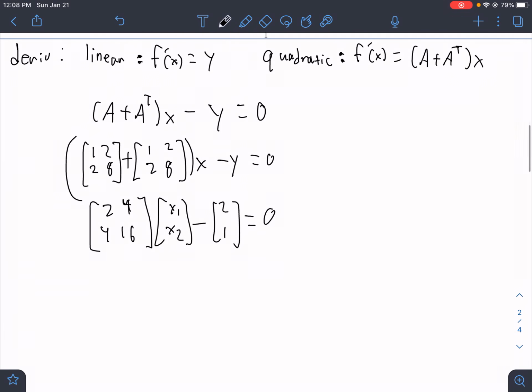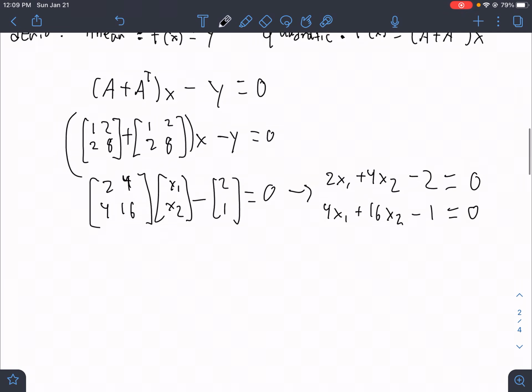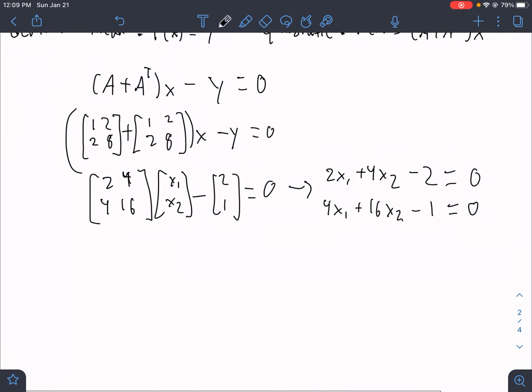Now I'm going to multiply these out, so we're going to get 2x1 plus 4x2 minus 2 equals 0. We're also going to get 4x1 plus 16x2 minus 1 equals 0. So now we have a system of equations here.